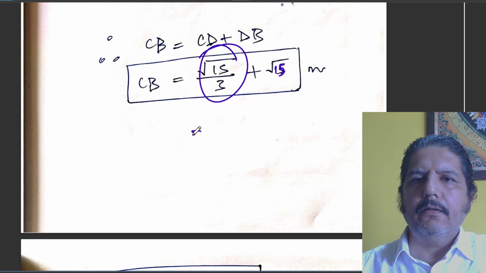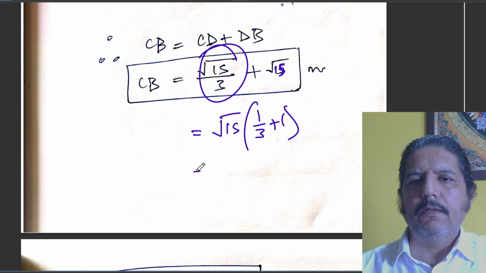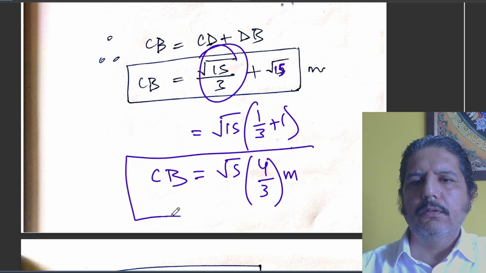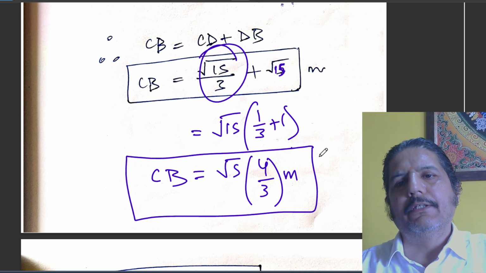And here you can take root 15 common. 1 by 3 plus 1 will be root 15 into 4 upon 3. So this would be the final answer. So CB is root 15 into 4 by 3.